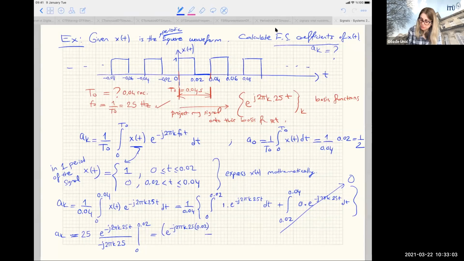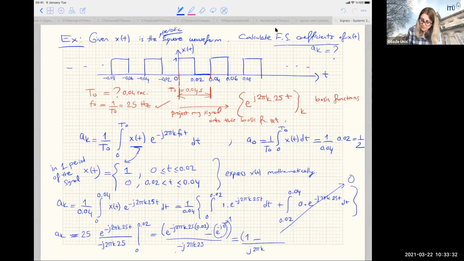E to the j 0: everything becomes 0 when I insert t equals 0, over minus j 2 pi k 25. Guys, that's the minus 1. Now do the math. This minus, let's take it up. So I have 1, because this term is equal to 1. 1 minus, because I'll just keep j 2 pi k.